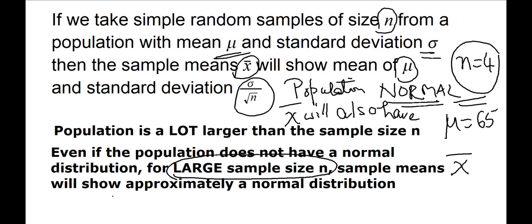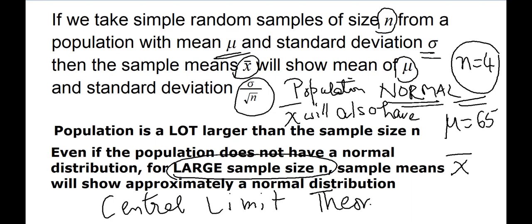This is a very celebrated result that we shall use, and it's called the central limit theorem. All right, so we shall continue with the calculations based on this statement in our future sessions.